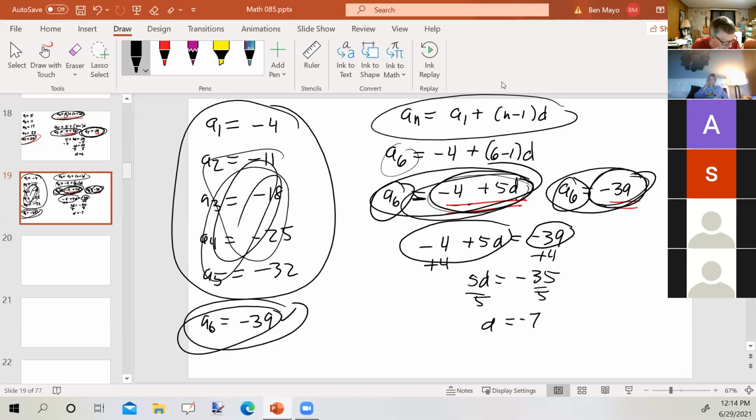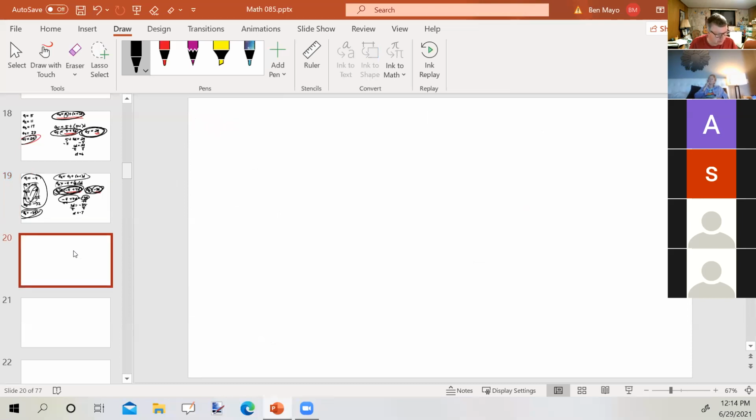All right. One more idea, a little bit more of a stretch, but we're actually going to come back and do this same process ultimately. An arithmetic mean is like a middle value. So let's say I had 1 and 3, and I want to know the arithmetic mean between 1 and 3.